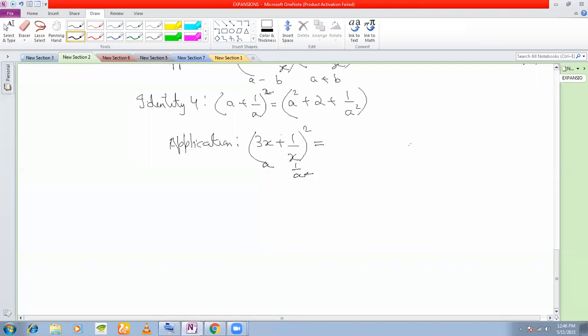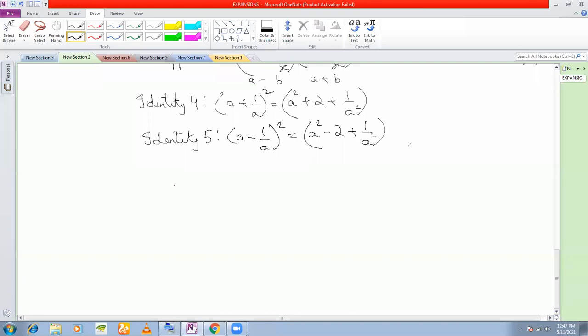That means a is your... no, this is also not an application. So identity 5 I gave you was a minus 1 by a whole square is equal to a square minus 2 plus 1 by a square. Now an application of this.